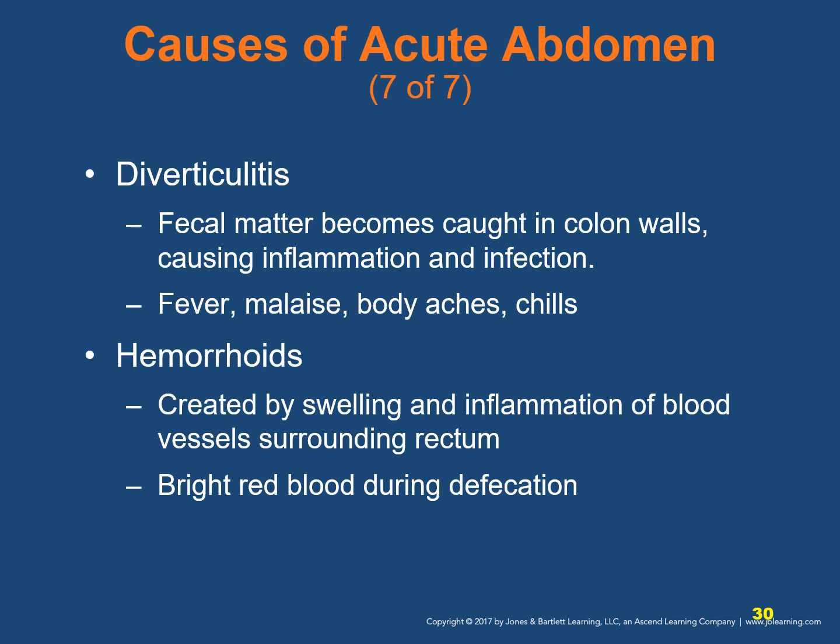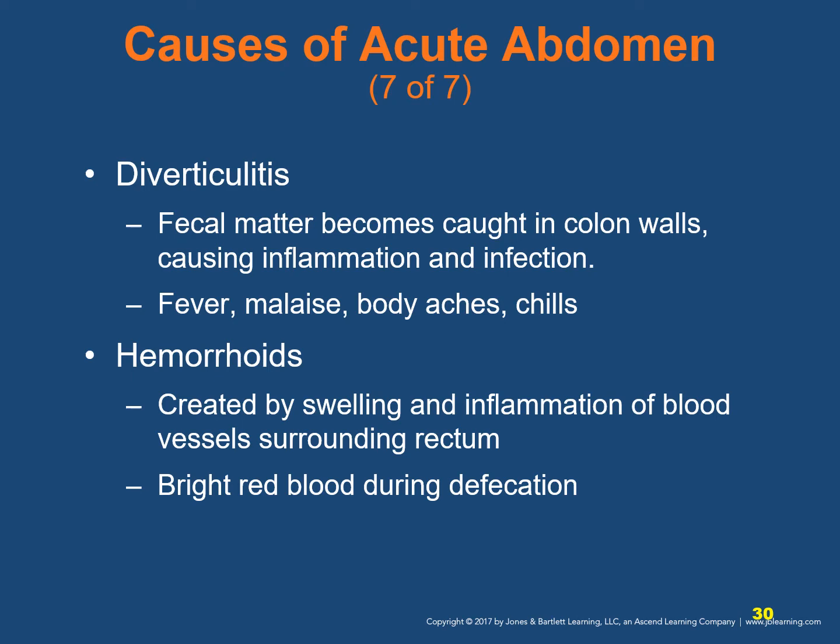Bulges in the colonic walls result from increased intestinal contractions. Fecal matter is caught in the bulges, and bacteria gather there, causing inflammation and infection. The main symptom is abdominal pain on the left side, lower abdomen, and the signs are fever, malaise, body aches, chills, nausea, and vomiting.